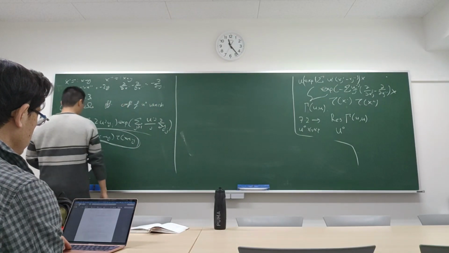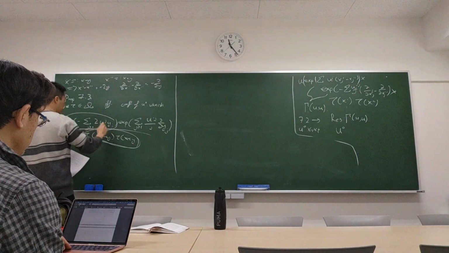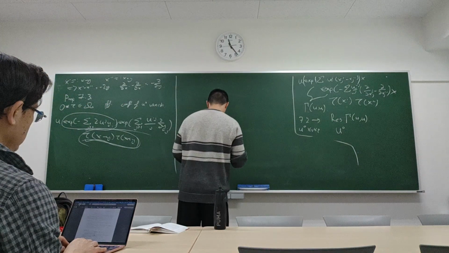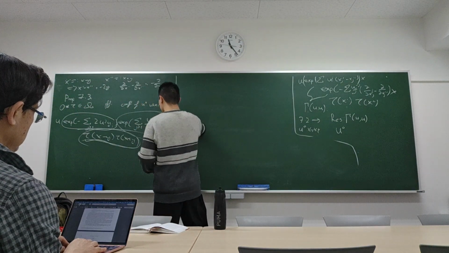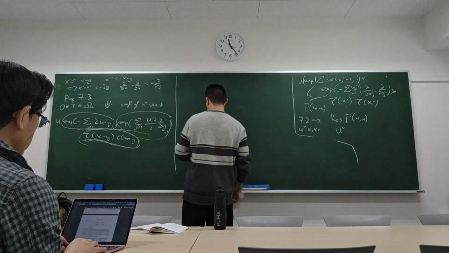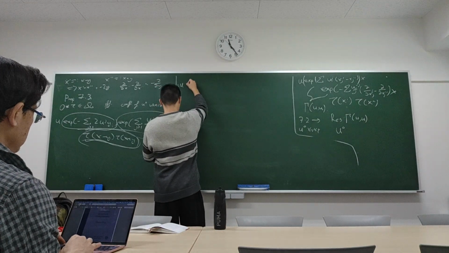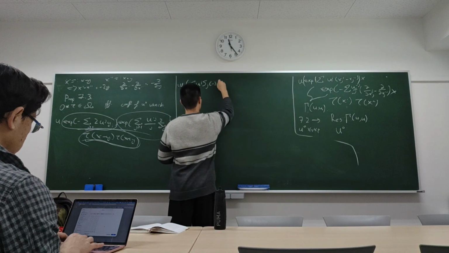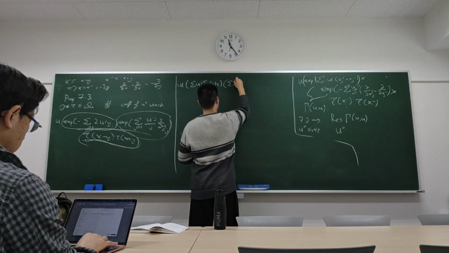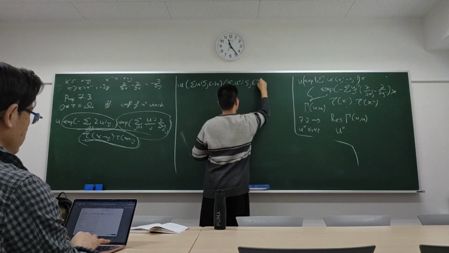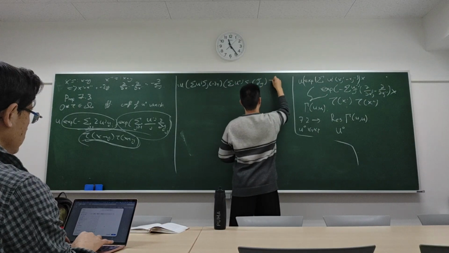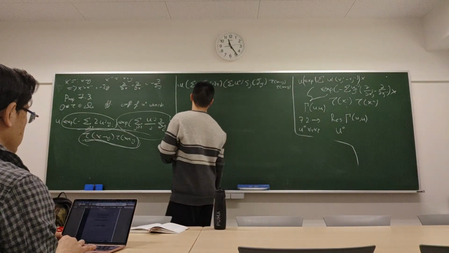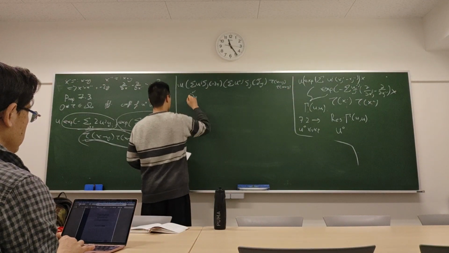Now, first we look at this. This should look familiar from last week. This is the generating functional for our Schur polynomials. And similarly, this is also the same. And so we'll rewrite this in terms of the Schur polynomials. So what is this ∂_y object?